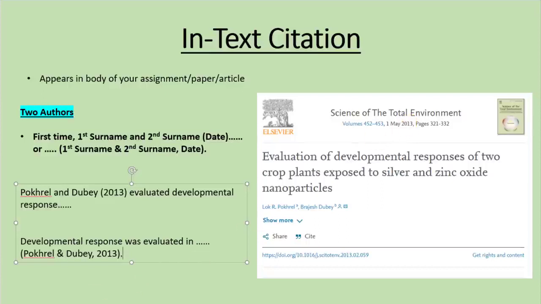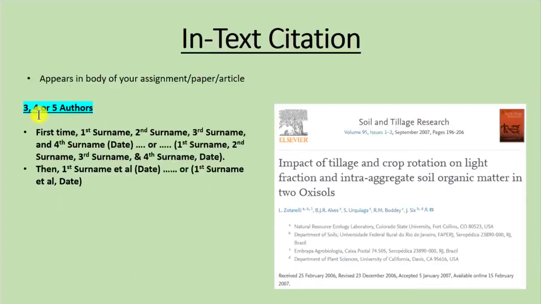And that's the year 2013. And if there are 3, 4 or 5 authors as shown in the example, in this example there are 1, 2, 3, 4, 5 authors, and if it is for the first time, then you have to put first author surname, comma, second author surname, comma, third author surname, and fourth and fifth author surnames, then bracket date.